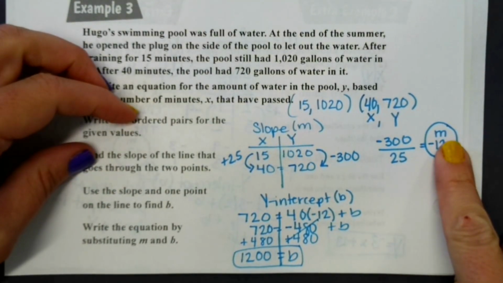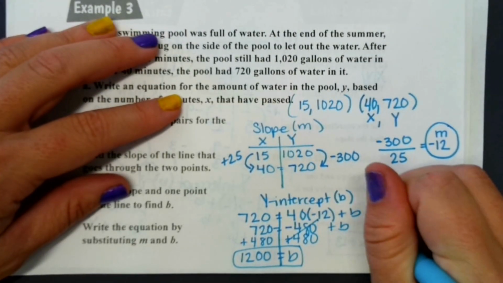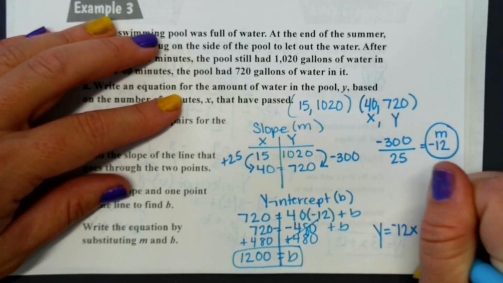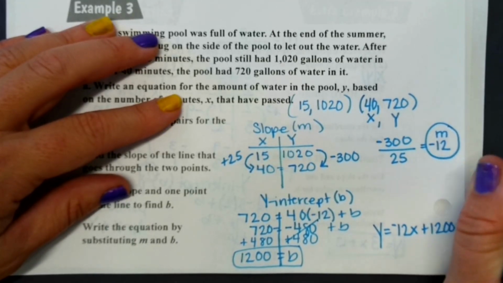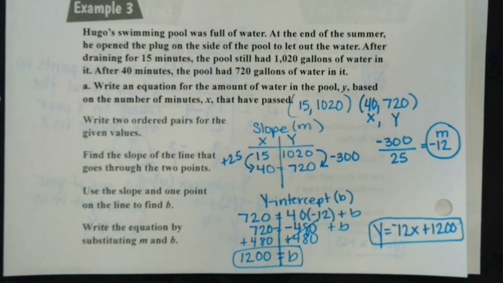Okay, so I have my m and I have my b. What do I still need to do? So y equals? Very good. What questions do we have?